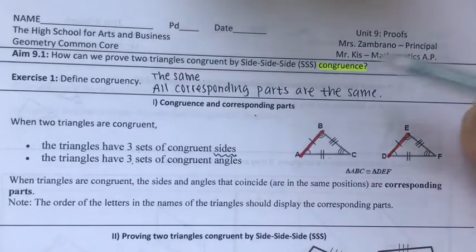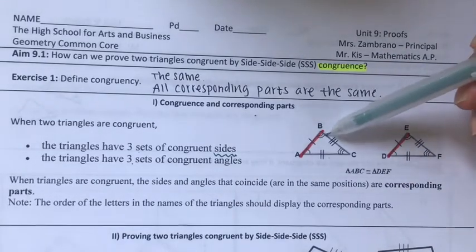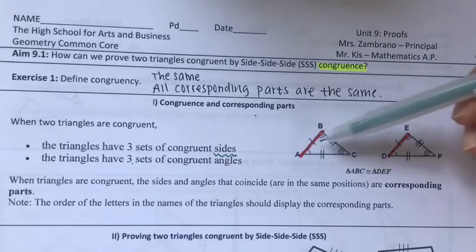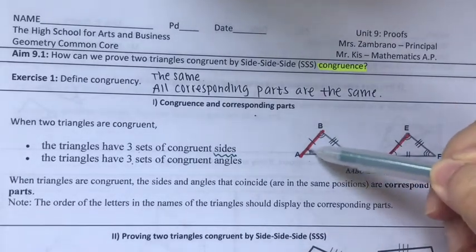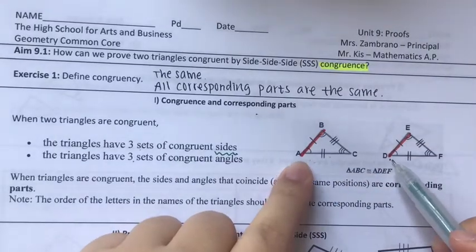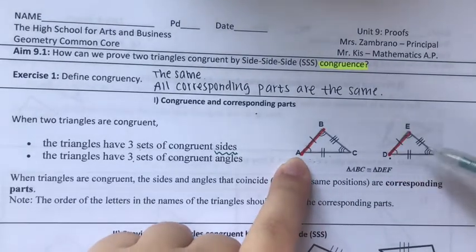So we're trying to see how many corresponding sides are there. We have one last set, which is BC and EF. Those are the corresponding sides. Now let's look at the angles. Angle A corresponds with angle D because they're all at the same position. They're all kind of at the left bottom of the triangle.